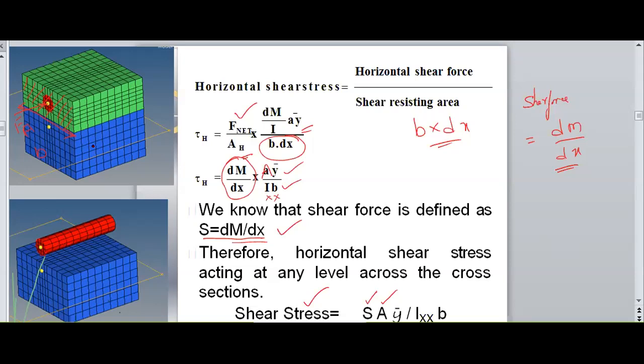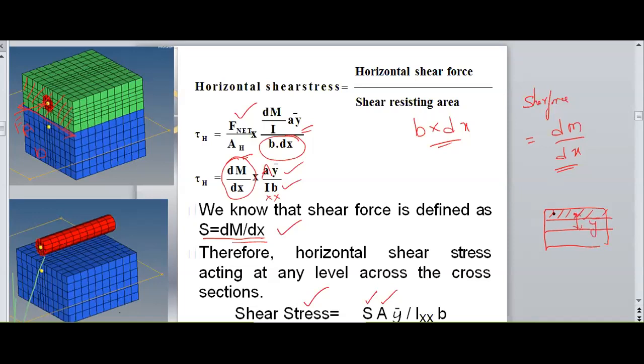S is the shear force, A is the green color area, and ȳ is the distance of the centroid of the green color area, that is, above the EF line. Above the EF line, I need to find the centroid.